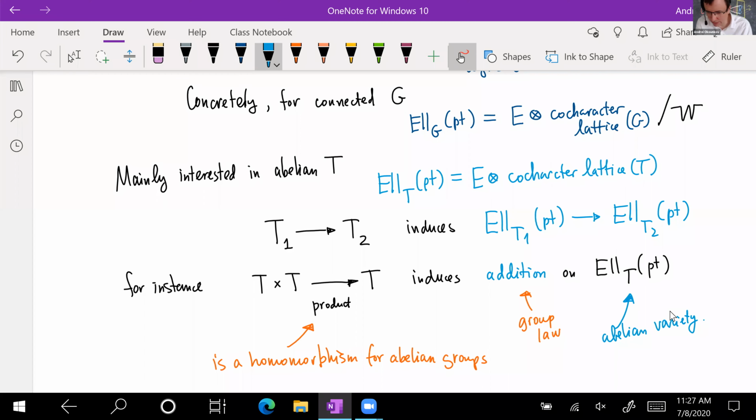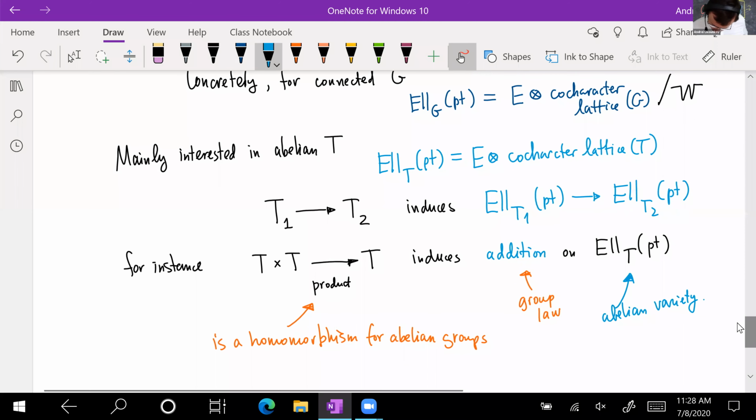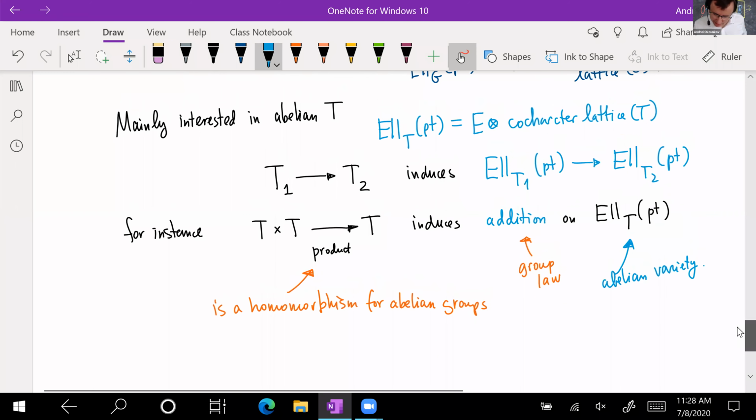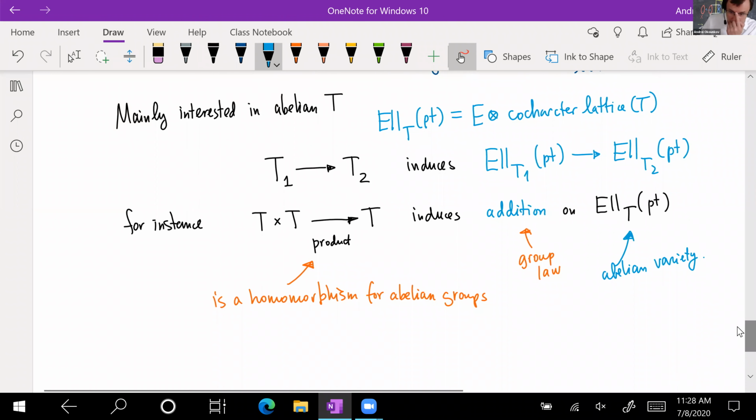Tensor product of line bundles has to do with operations like that for one-dimensional groups.